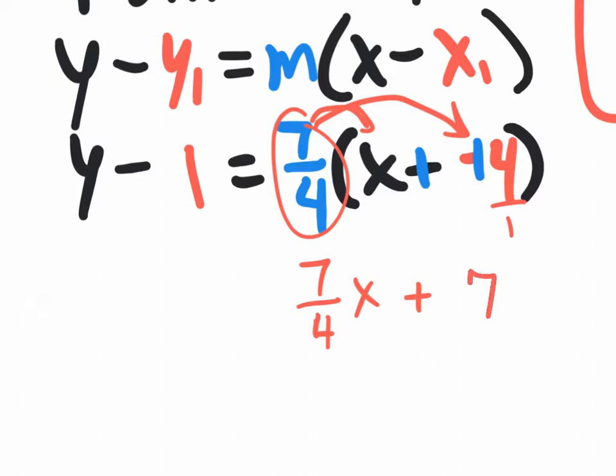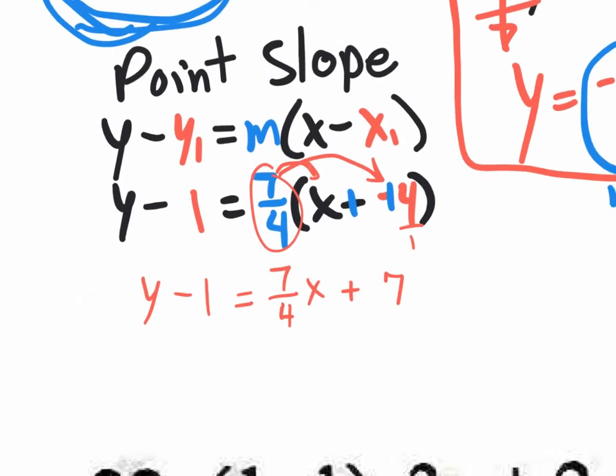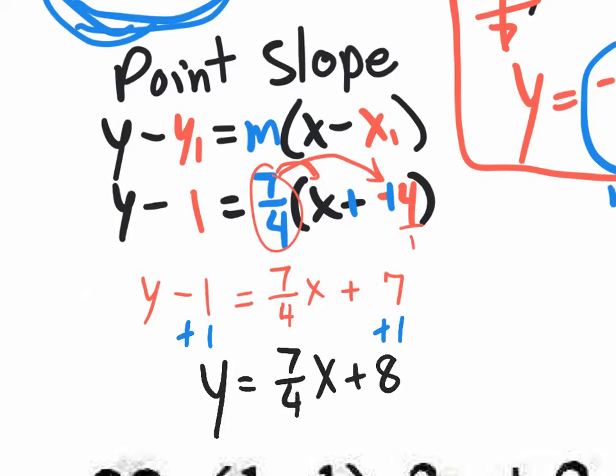I hope that makes sense to everybody. We also have the equal sign, and y minus 1 right there. Now it's almost in slope intercept form. All I have to do is get y by itself. So add 1 here, add 1 over there. Here's my final slope intercept form equation: y equals 7/4 x plus 8.